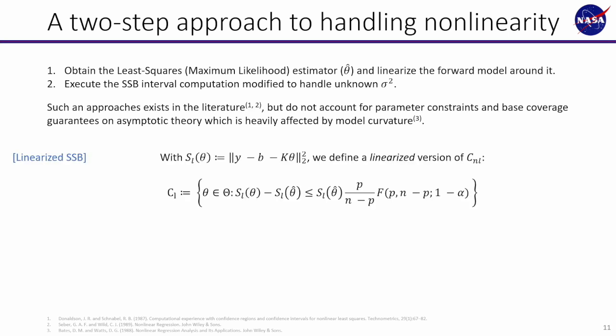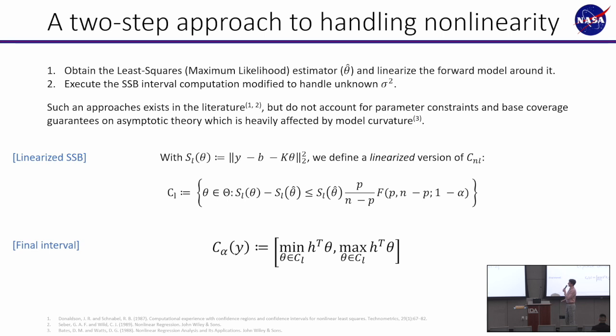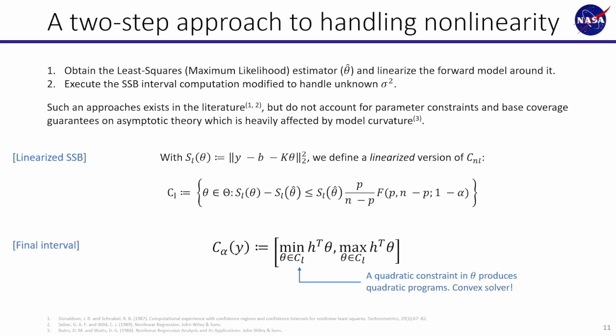So, to make our lives easy, we suggest that you get your least squares estimator, you linearize, and then you define this set, which again gives you a set of feasible theta parameter values, and that gives you your final interval. And now I've made our lives really nice and pleasant because this is now a quadratic program, and I have a bunch of solvers that I know can solve this really well.